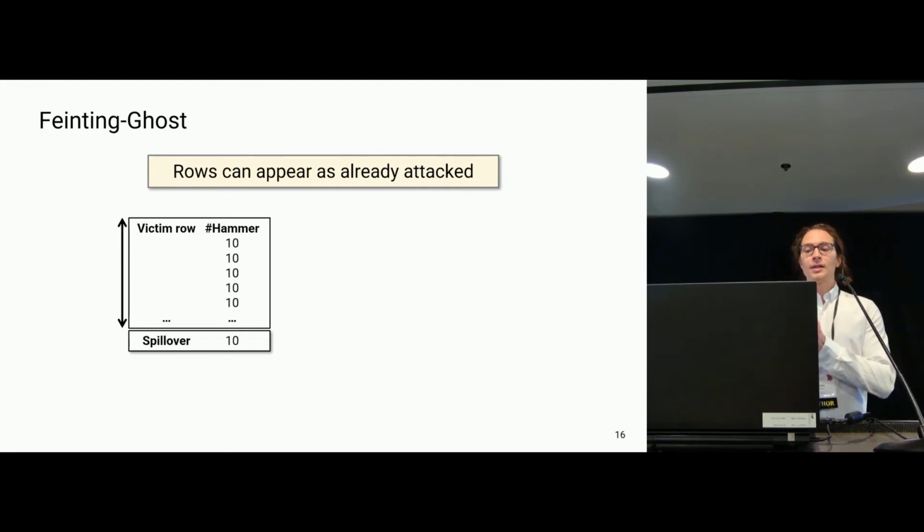Well, the concept is that rows can appear as already attacked. And before we get into that, let's briefly review how misra-gries and proactive misra-gries work. We have a fixed number of entries in our table, plus what is called a spillover. Whenever we want to insert an element into this table, of course, if there is space, we will go directly in.